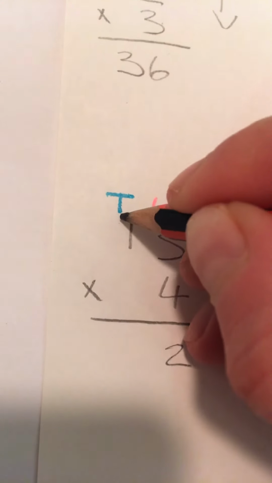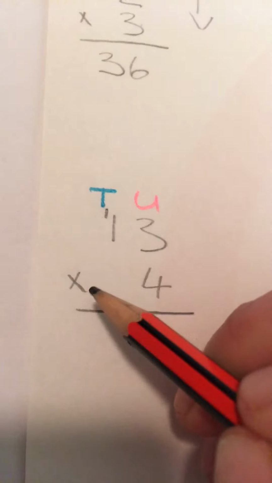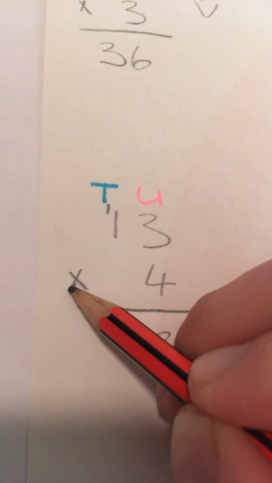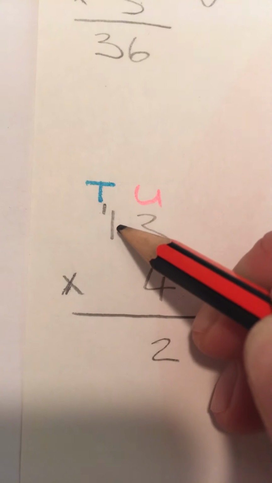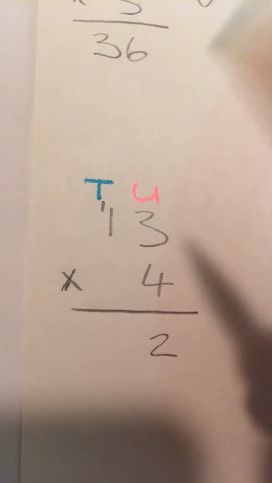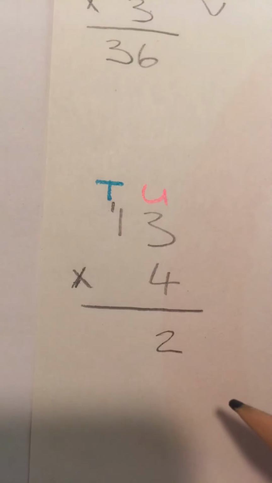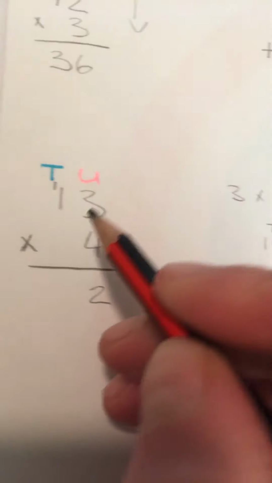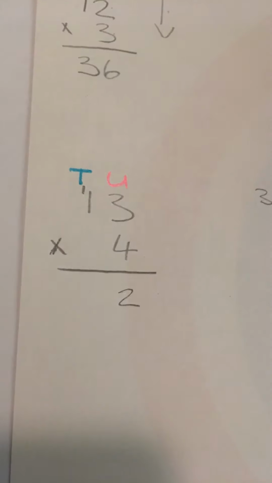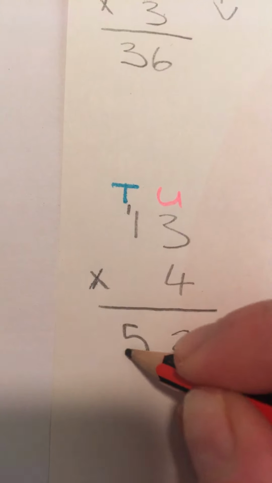That 1 gets carried over to the tens side. But remember, we're still busy with a multiplication sum. So first we have to say 4 times 1 is 4, and then we plus that 1. We don't times it again, because this 10 technically belongs to that 10. So we have to plus it, and therefore the answer is 5.